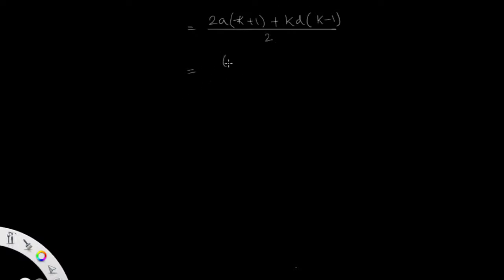So from this, K plus 1 is common in both terms. Again you take common 2A plus KD divided by 2.